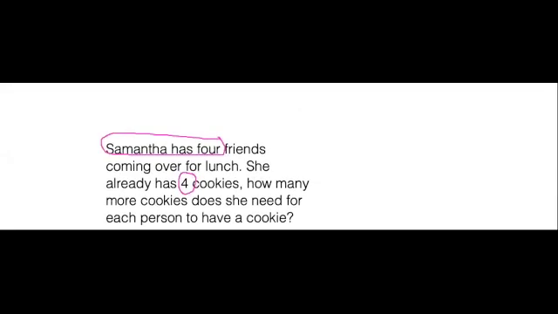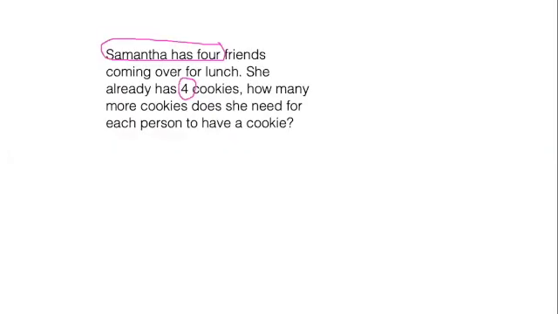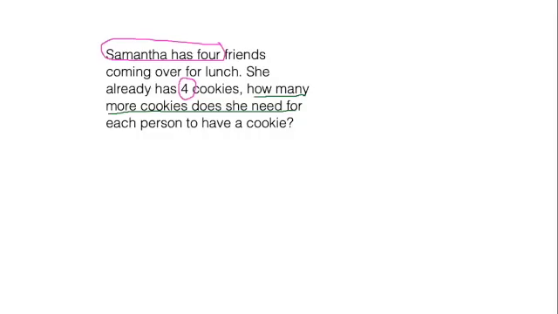Our next step is to underline the question. What is the question in this word problem? The next step is to box the math action words. The action words are going to tell us whether we add or subtract.